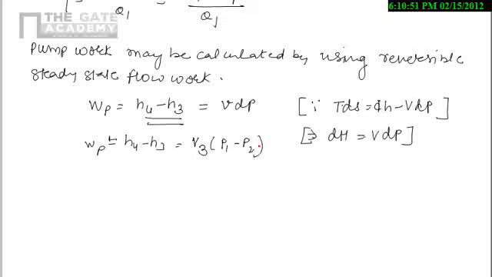Here V3 means the specific volume at state 3, and P1 and P2 are the pressures. So in this way we can easily get the value of pump work if enthalpy is not given. In other words, if enthalpy is given, then we can straightforwardly calculate Wp. But if enthalpy is not given, and we know the specific volume and pressure, we can get the work done.